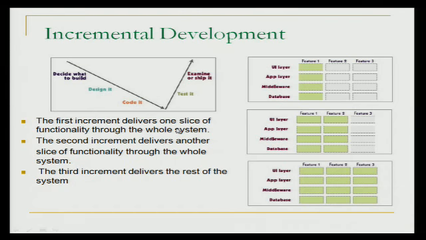Now, it's not too unlike Agile. Agile does the same thing. You deliver slices of the system, but you do it in a slightly different approach. You can see this: 1 slice, 2 slices, 3 slices, the whole slice, from interface to the application to any middleware and database. This is assuming a multi-tiered architecture, but nevertheless, that's the approach with incremental.